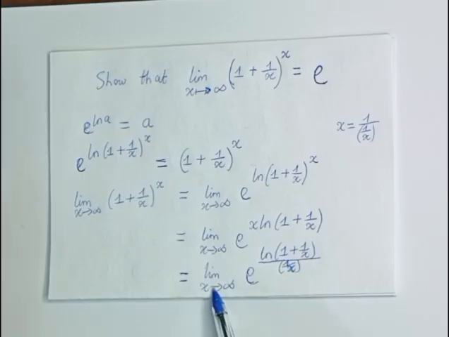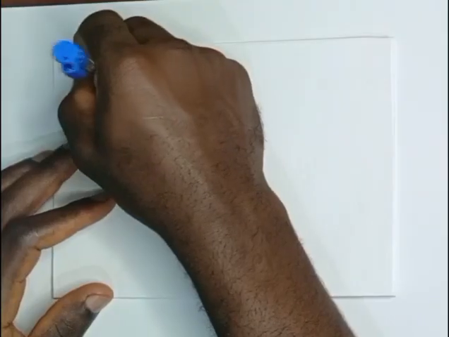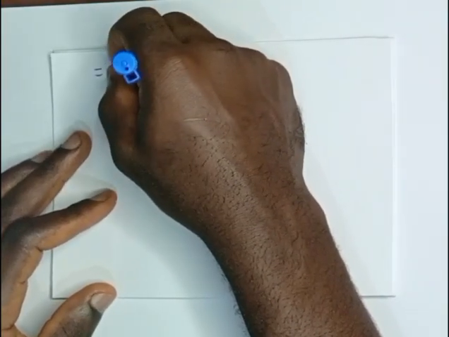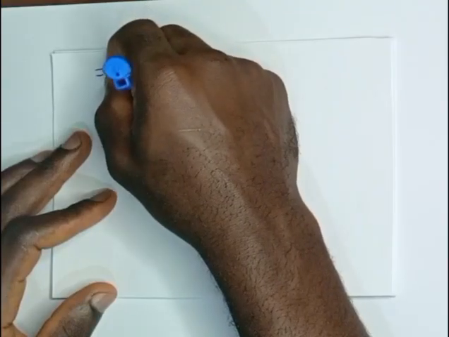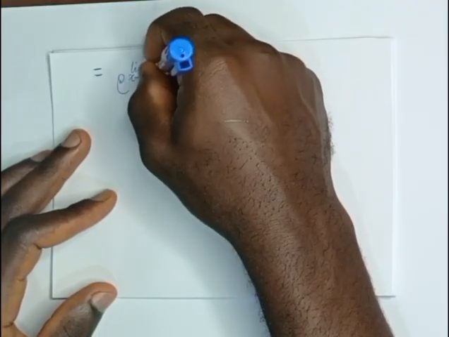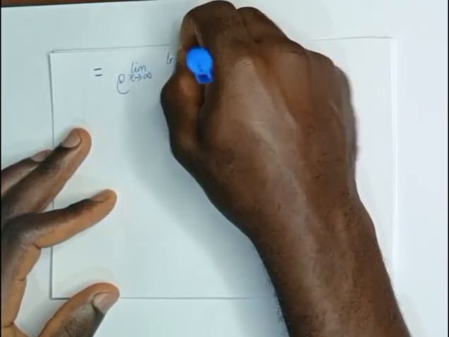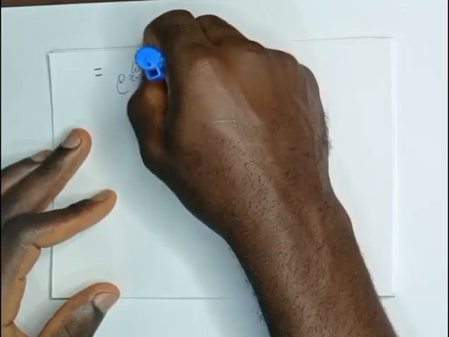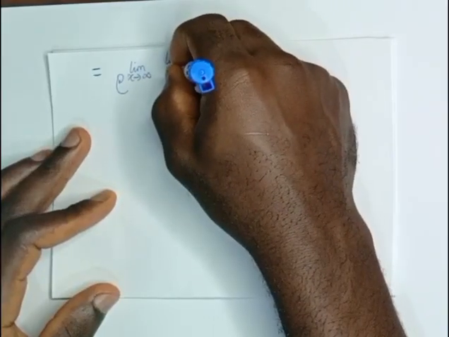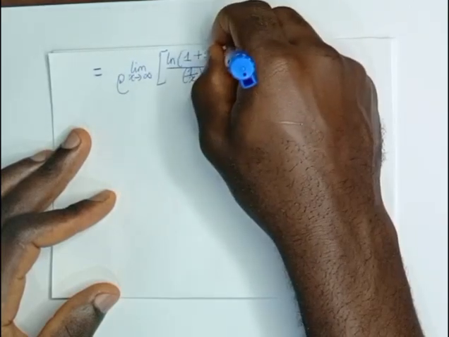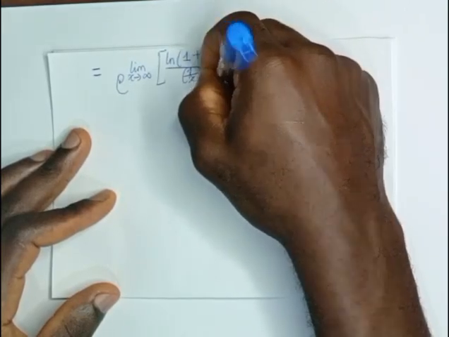Now, by applying the properties of limits, we are going to bring the limit up to the power. This will simply be equal to e raised to the power the limit as x tends to infinity of ln(1 + 1/x) over 1/x.